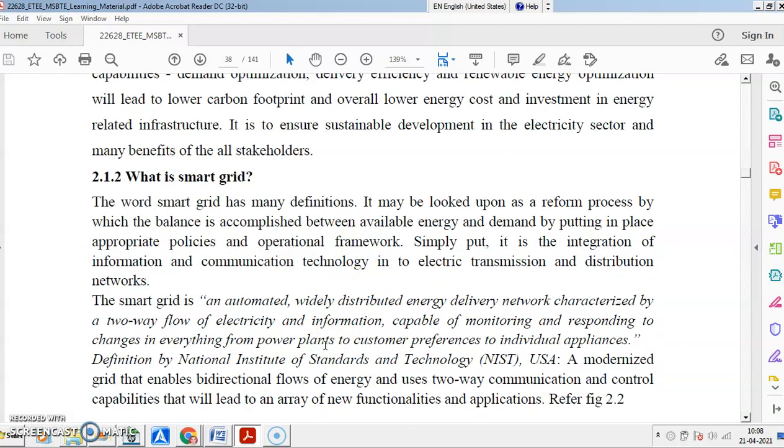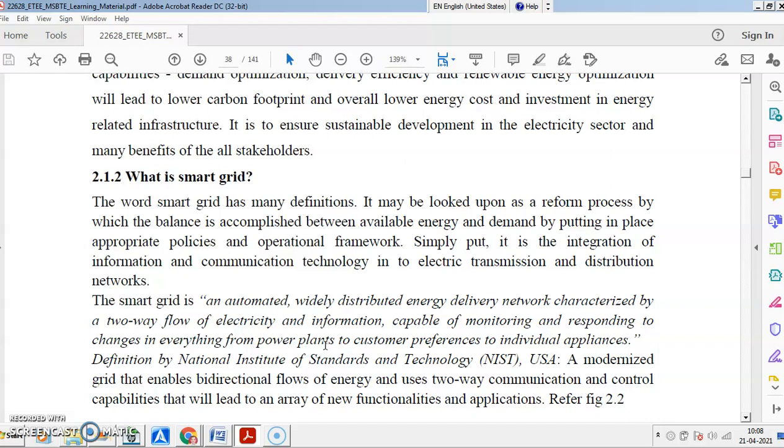So this is the general idea, and then we can define a smart grid. A smart grid is an automated, widely distributed energy delivery network characterized by a two-way flow of electricity and information, capable of monitoring and responding to changes in everything from power plants to consumer preferences to individual appliances.